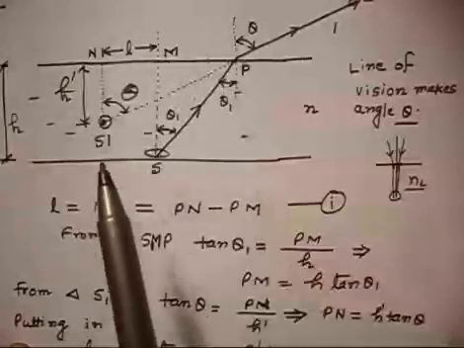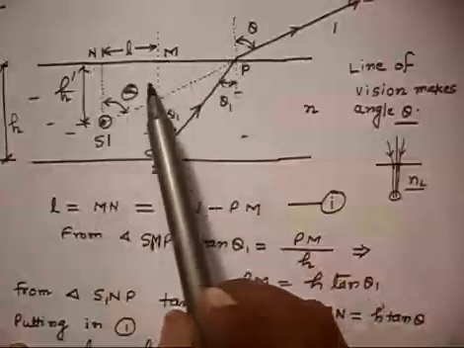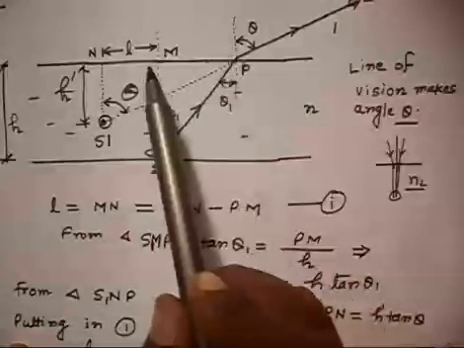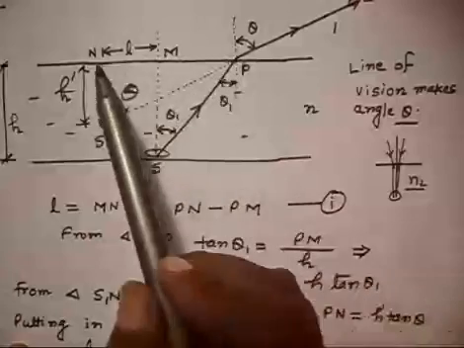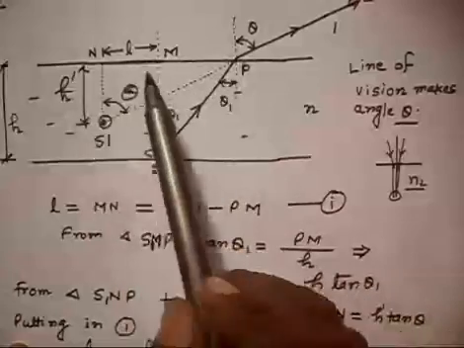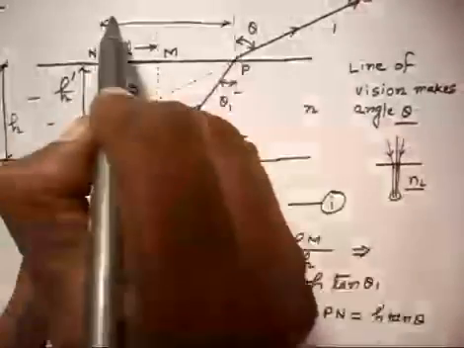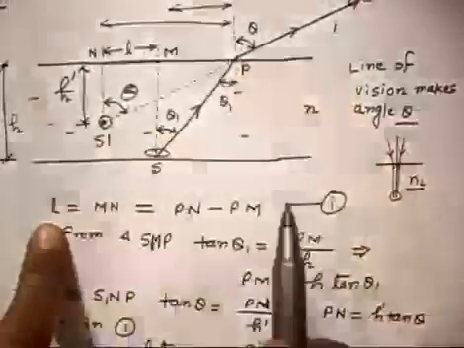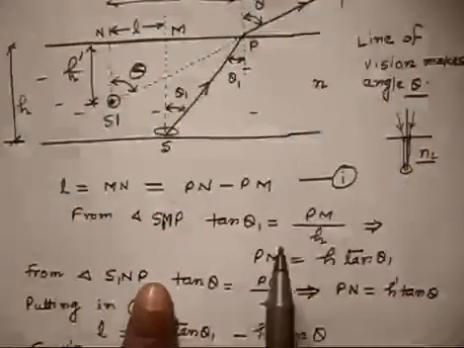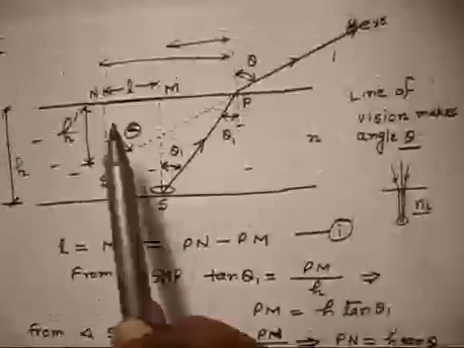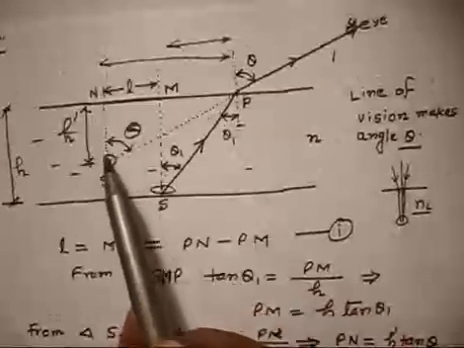Using this triangle I can find this total distance. Using this triangle I can find this distance. If I subtract these two distances given from two different triangles, I can find what this distance is. So this distance is nothing but this distance minus this distance. Are you getting or not? So L is nothing but NP minus MP. Now NP is what? If you use this triangle, this distance is given as h dash.